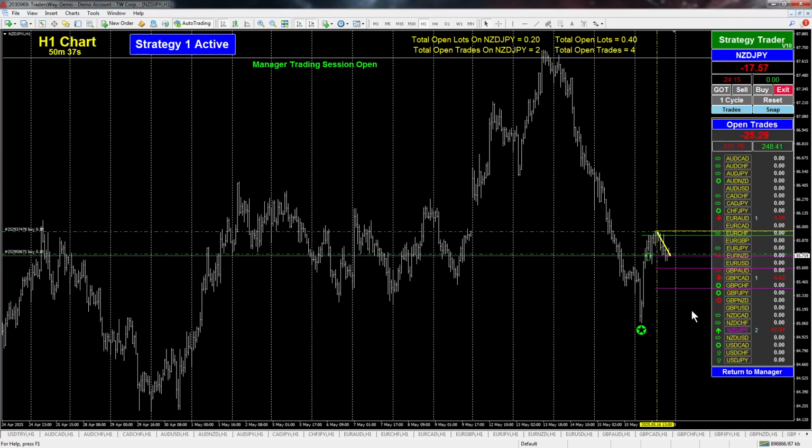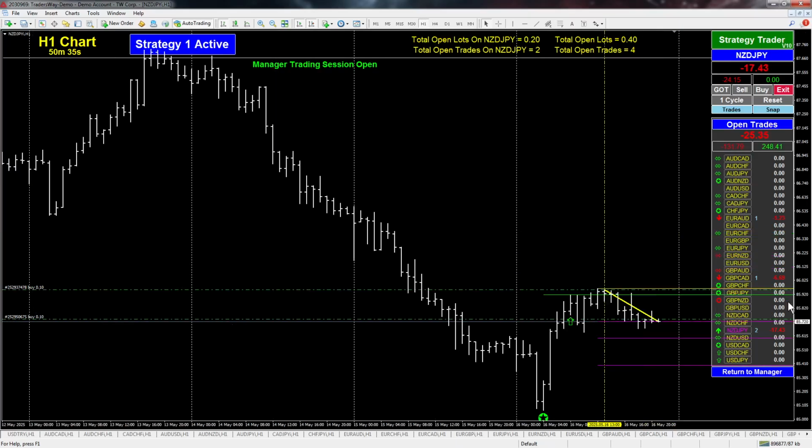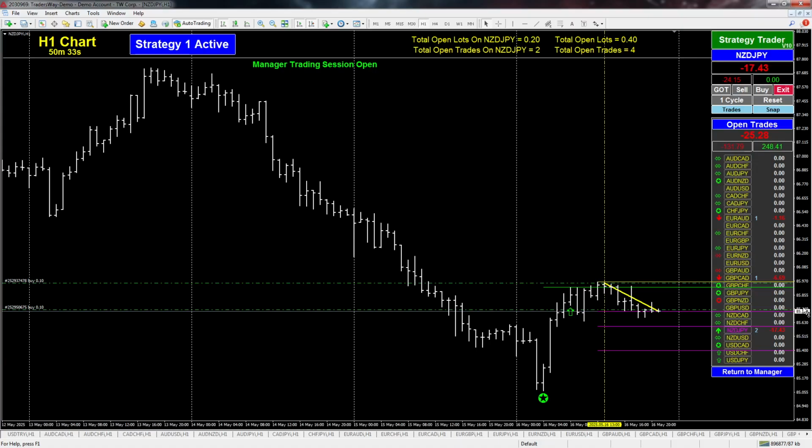Now here's a case where we got two trades open. The first trade opened right here, then it went against us, and it hit our first Marty line, so it added another trade here, so we should be into it for 0.2 lots, which tells us right here, two trades, 0.2 lots.